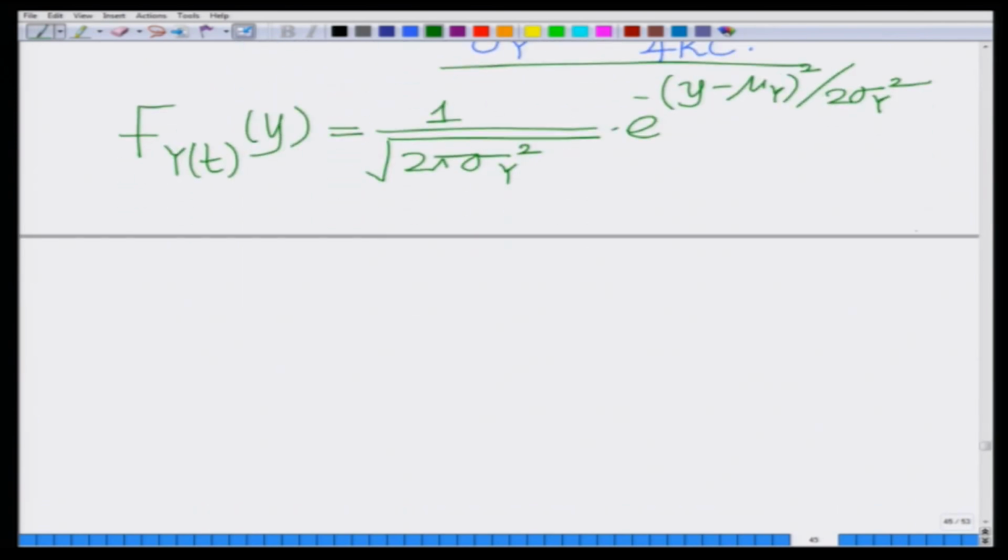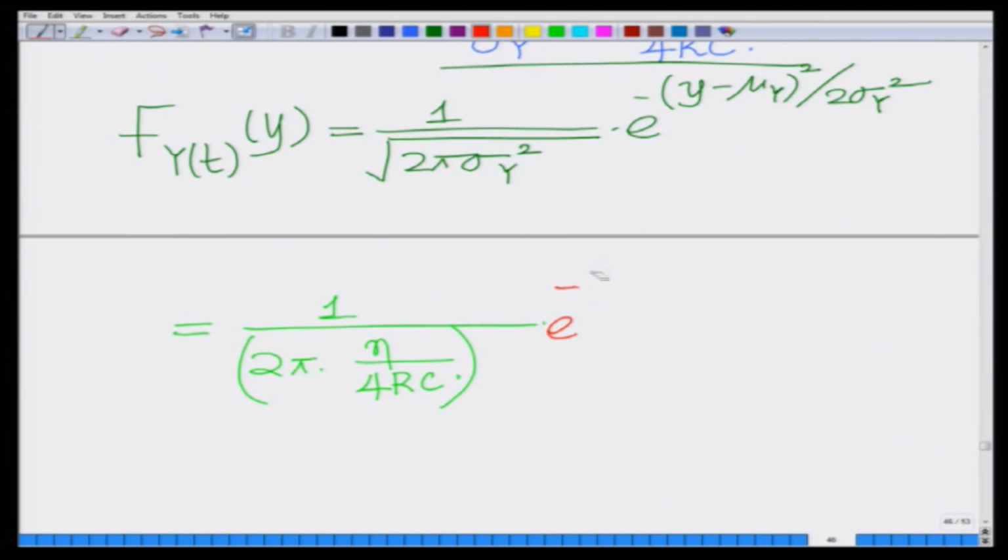Now if I substitute the values, sigma y square is eta over 4RC, and mu y is 0.